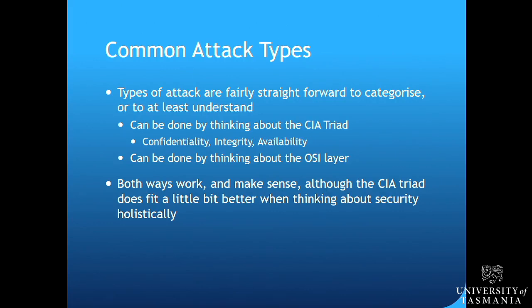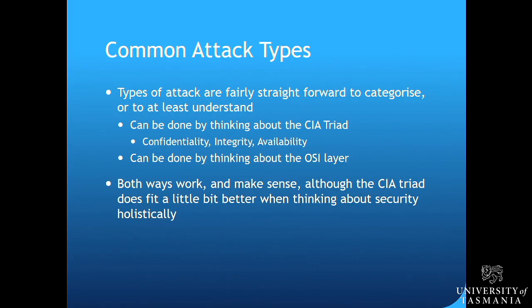Now, the other way we can talk about them, which is probably easier and fits in a little nicer with our security mindset, is to think about how they fit in relation to our CIA triad. Is it an attack on confidentiality? Are they getting access to data we don't want them to have access to? Is it availability?